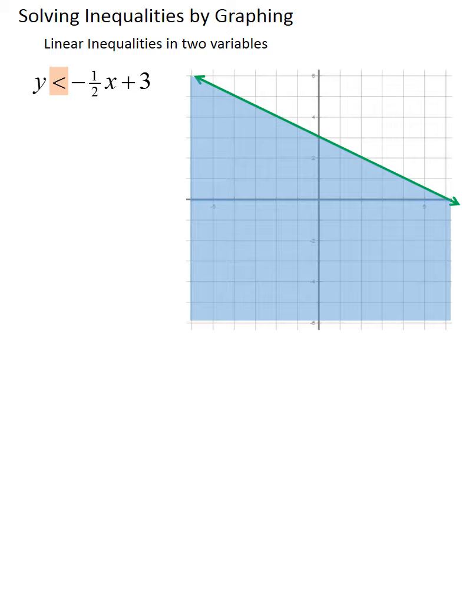All the points in the shading would still be true, but all the points on the line itself, on the boundary of that shading, would be false. So I would indicate that by replacing my solid line with a dotted line. And that concludes the lesson.